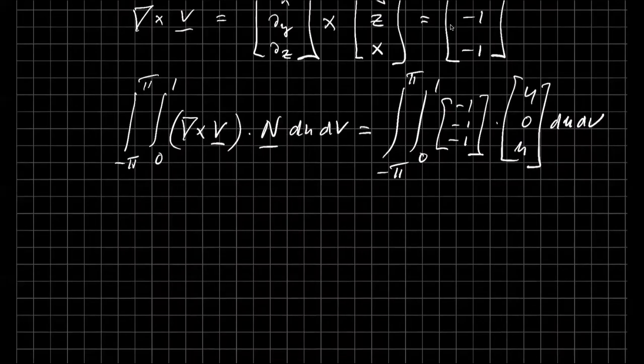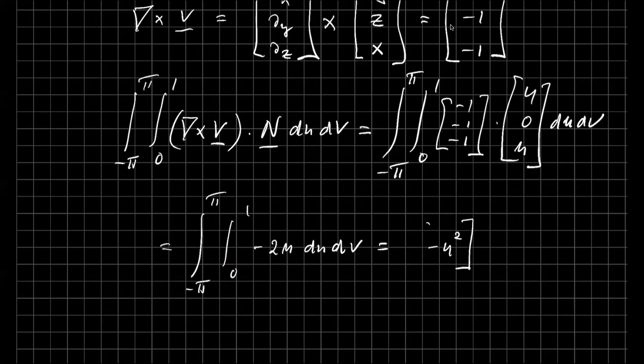So you get that this will be the integral from minus pi to pi, from 0 to 1, where this dot product will be minus 2u du dv. The integral of minus 2u is simply minus u squared from 0 to 1, and then you should integrate with respect to v from minus pi to pi.